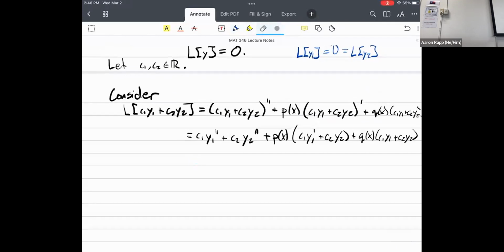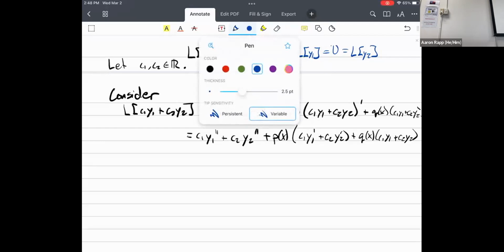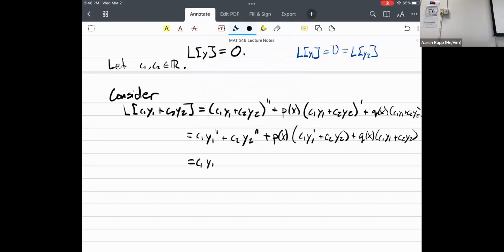And then rearrange all these terms so I get my y1 terms together.